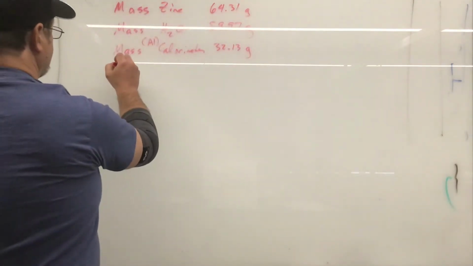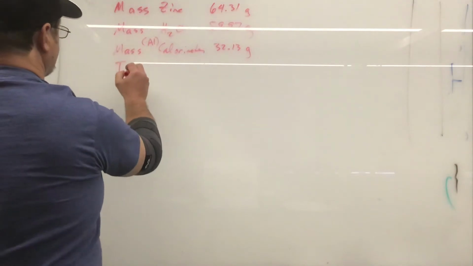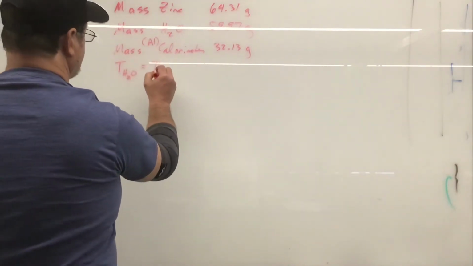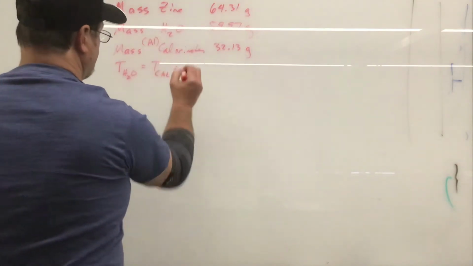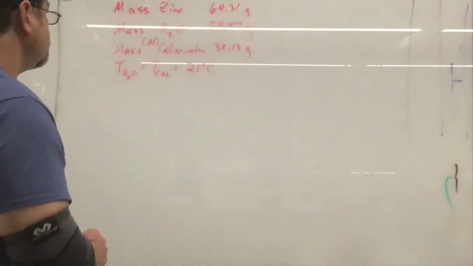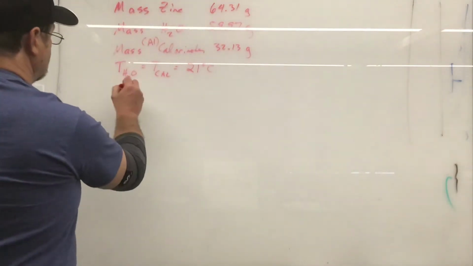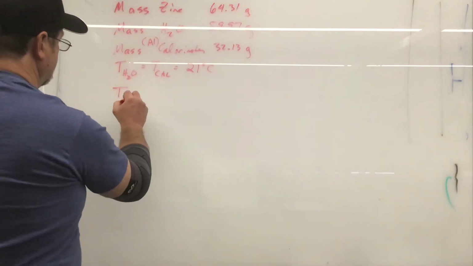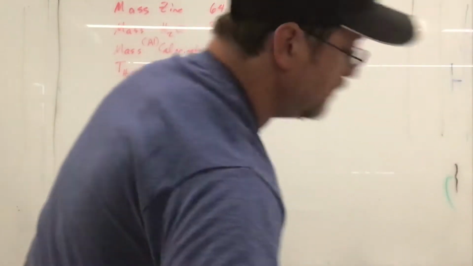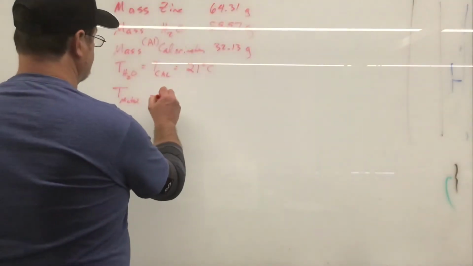And then I had the initial temperature of the water, which is equal to the initial temperature of the calorimeter, which was, I believe, 21 degrees C. And I had the initial temperature of the oven, of the metal, and that was 185 degrees C.